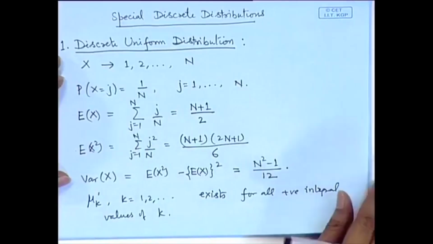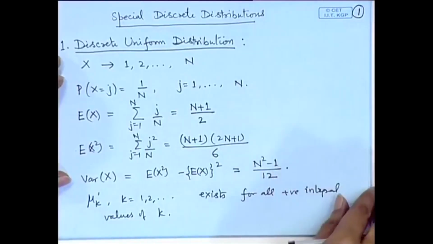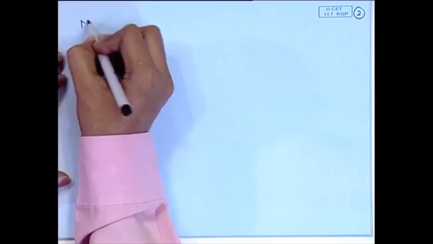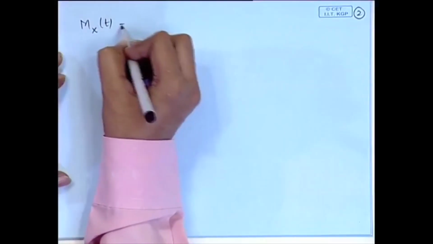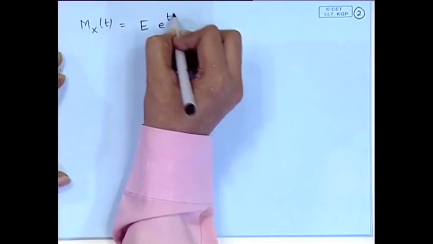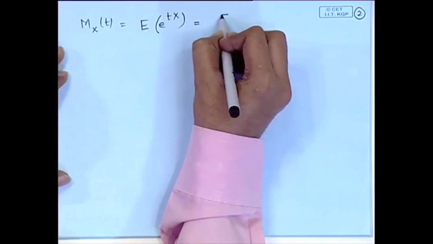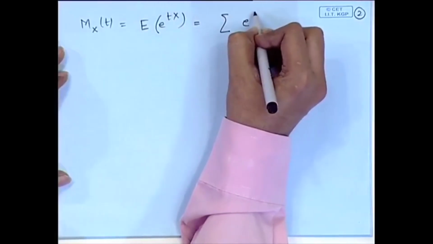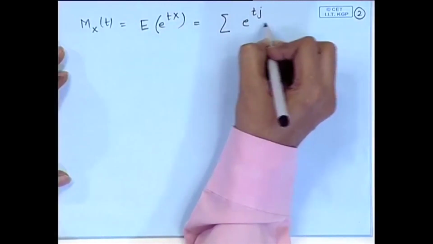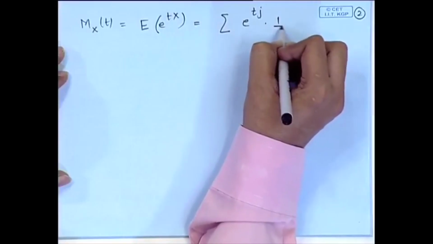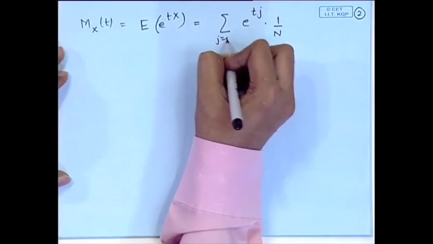We may also look at the moment generating function of this distribution, m x t, that is equal to expectation of e to the power t x. So, it is equal to sigma e to the power t j, each with probability 1 by n, j equal to 1 to n.